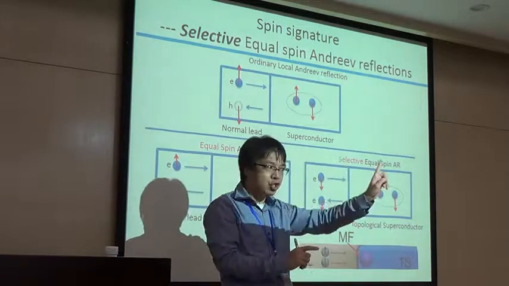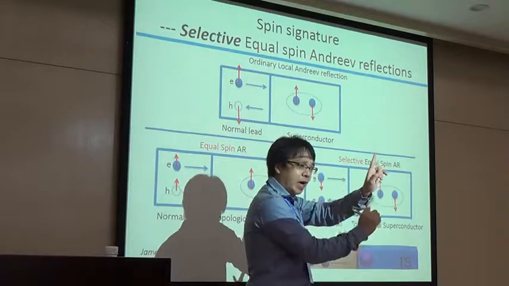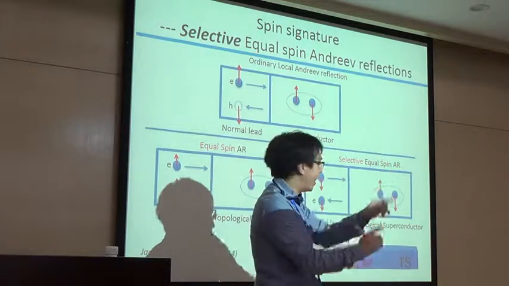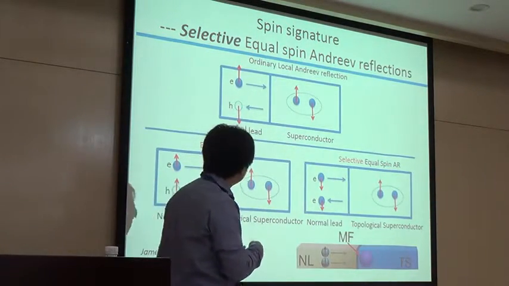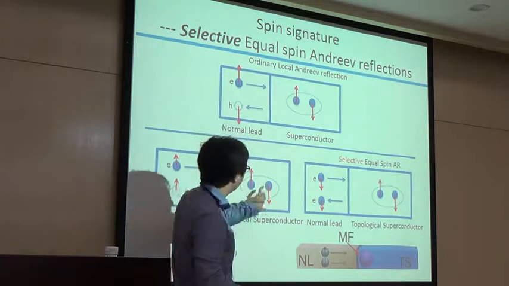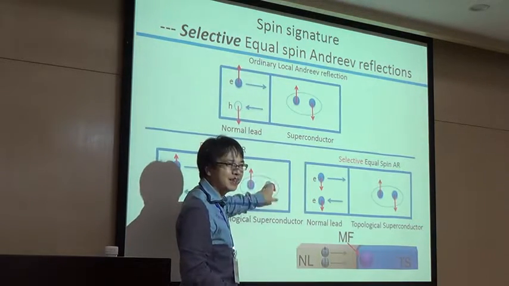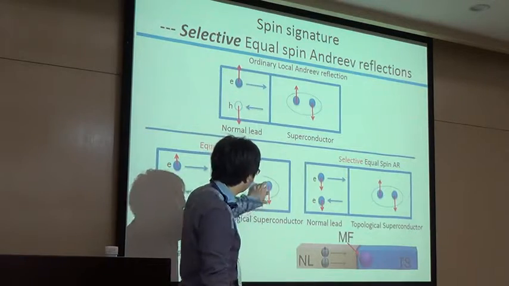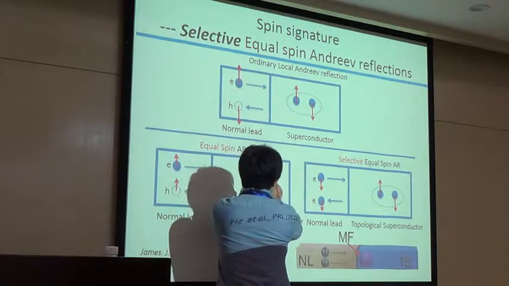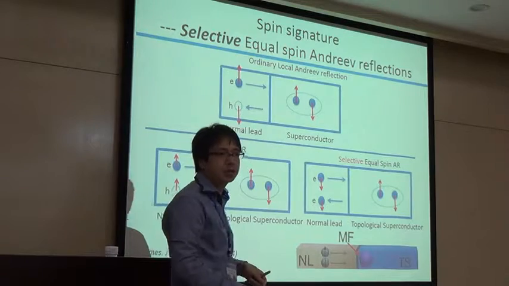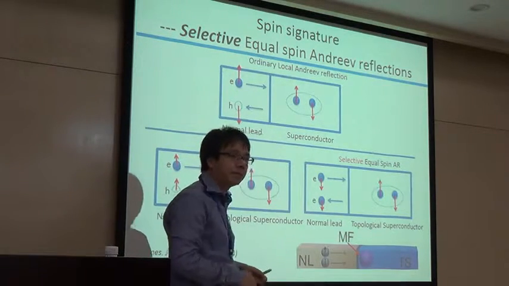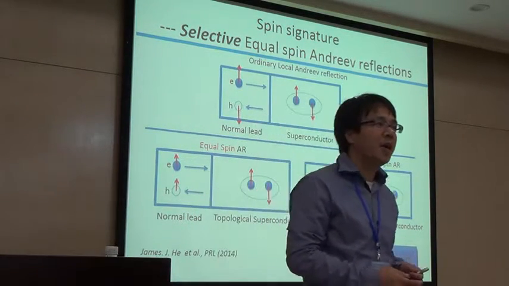Spin-up electron in, it grabs a partner which is also spin up, and both of them form spin-up pairs. Oops, sorry, this should be spin up. This is wrong in the picture.